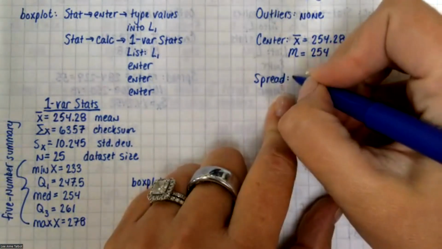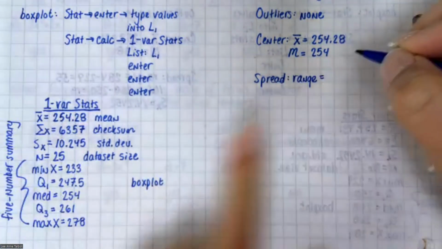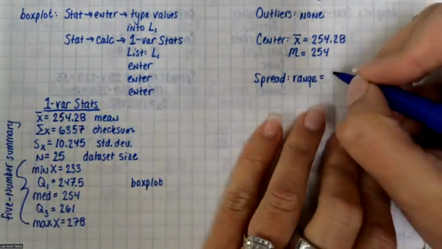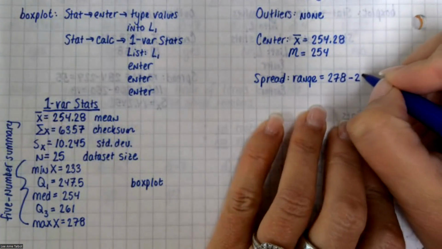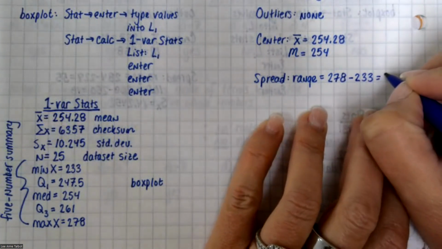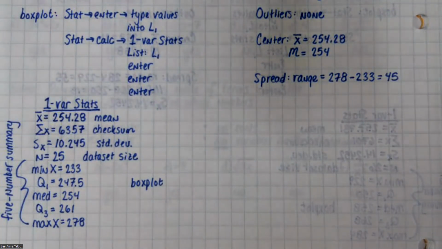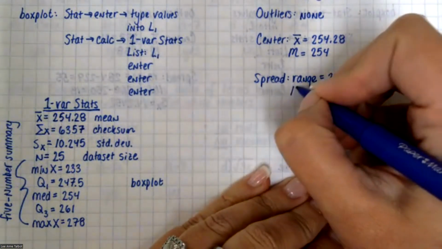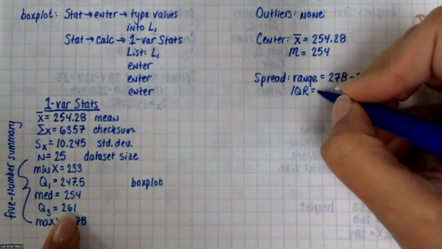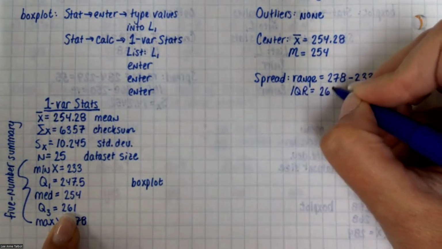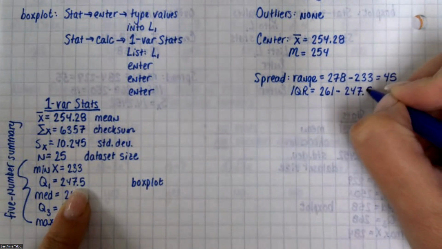Okay, spread. We have three different spreads. The first is the range. The range is the max minus the min. So 278 minus 233, which is 45. IQR, which is quartile 3 minus quartile 1. 261 minus 247.5.